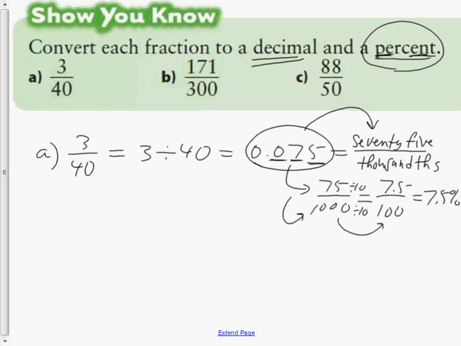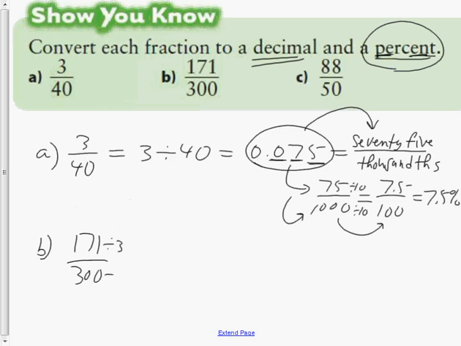In the second example, B, there's another way you can do this. For 171 over 300 here, I know that the number 171 has 3 as a factor. The reason I know that is because 1 plus 7 plus 1 equals 9, and 9 is a multiple of 3, and we learned through our divisibility rules that that's what you do to figure out if it's divisible by that number.